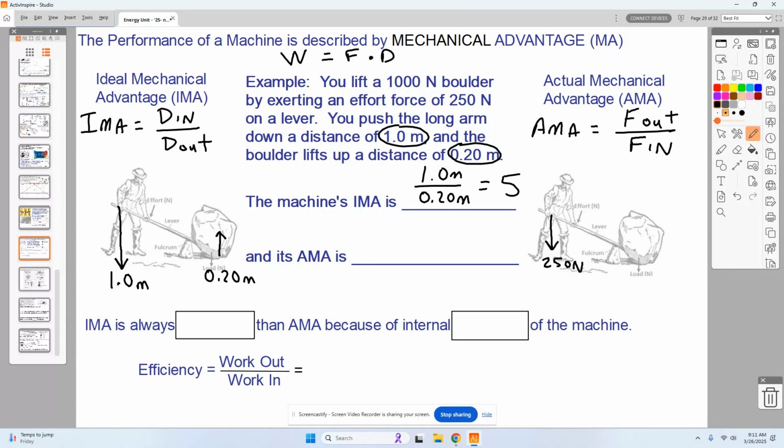And then based on where that lever is located, that makes the output force 1,000 newtons. So I'm able to lift a much heavier boulder. The AMA would be a ratio of 1,000 to 250. And that is a pure number. In this case, it would be 4.